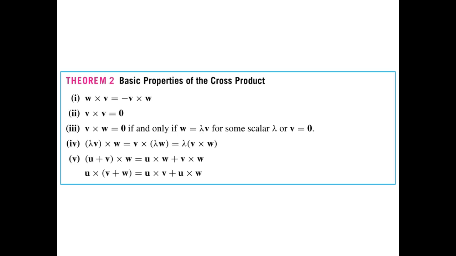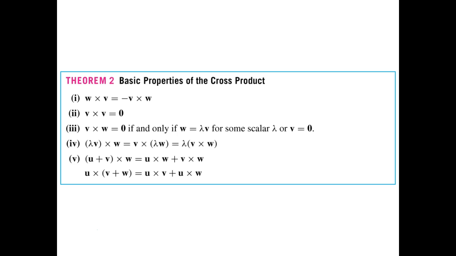So they don't have to be the same vectors. They could be just a multiple of the vector. So if this was V, this could be W, that could be W, or this could be W. Anytime that cross product is 0, or V itself could be 0. Okay? Or W itself could be 0. So it has a few more possibilities there.